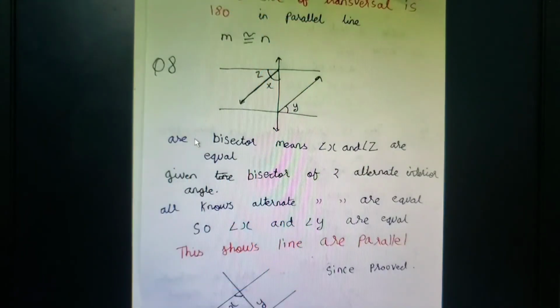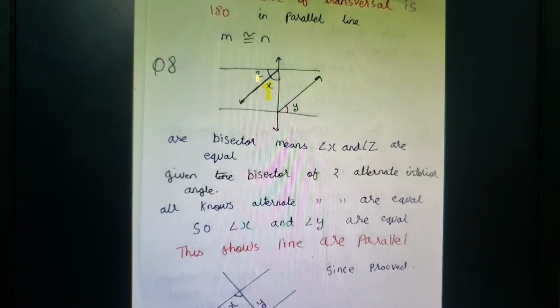But now it is a bisector, so the bisector of 60 is 30, so this is also 30 and this is also 30. Okay, let's see the answer. This is our bisector, meaning angle X and angle Z are equal, as I have told you.